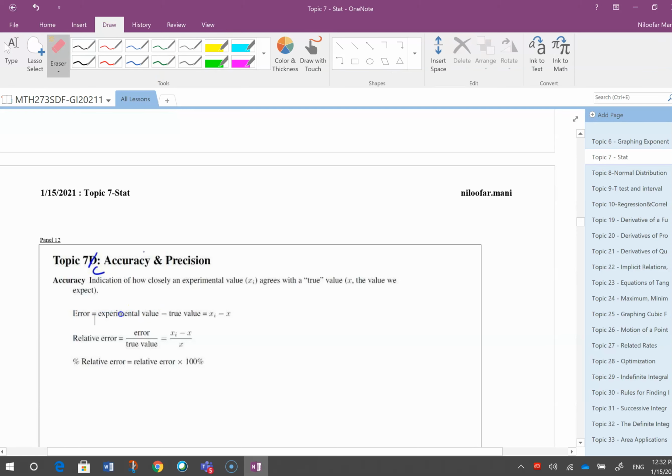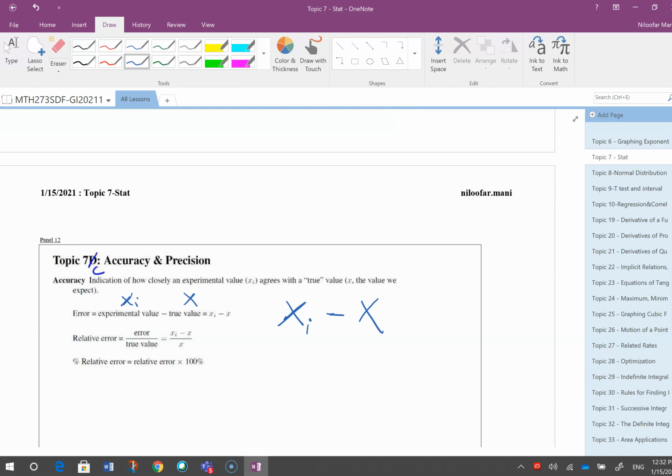This is the true value, x. So xi, the thing that you calculate, minus x, the true value, is the error, and it gives me accuracy.